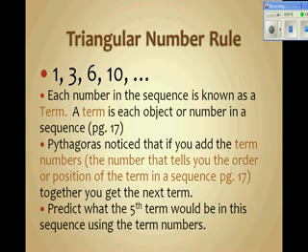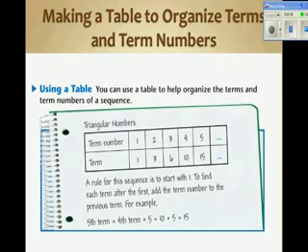See if you can predict what the 5th term would be in the sequence using term numbers. Again, the rule is to add all the term numbers up to the term you are looking for. Making a table to organize terms and term numbers can usually help you find the rule and sequence of a pattern.